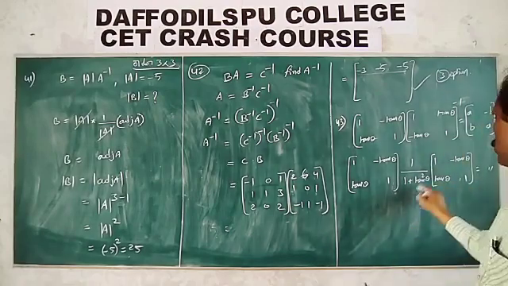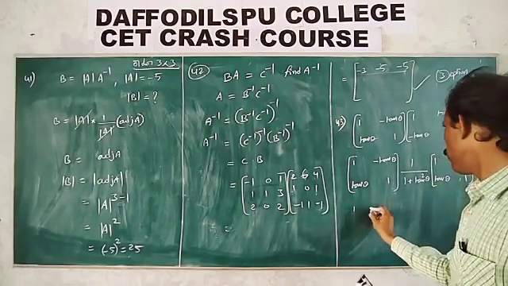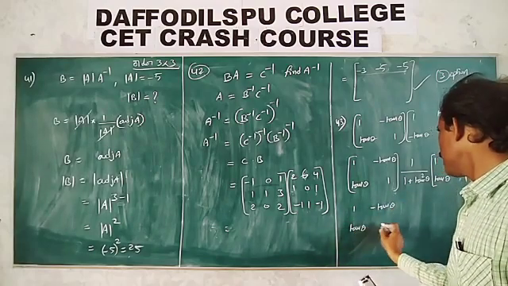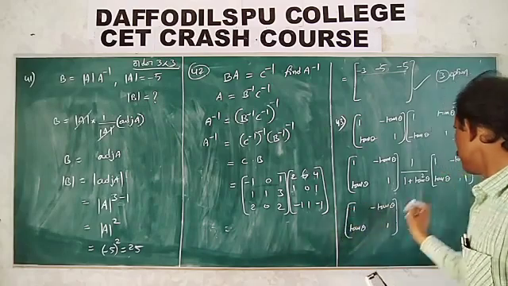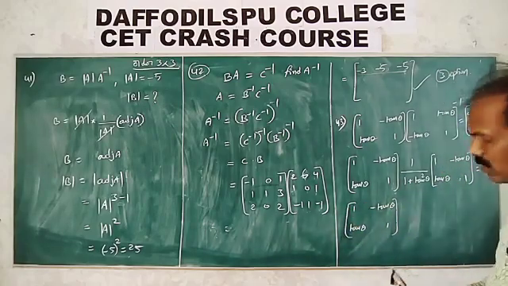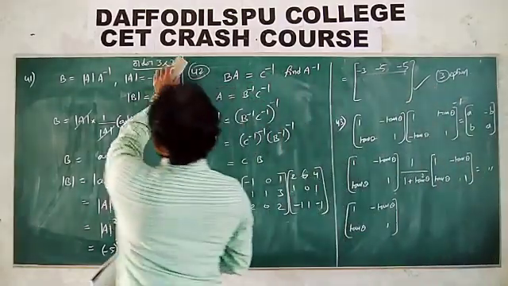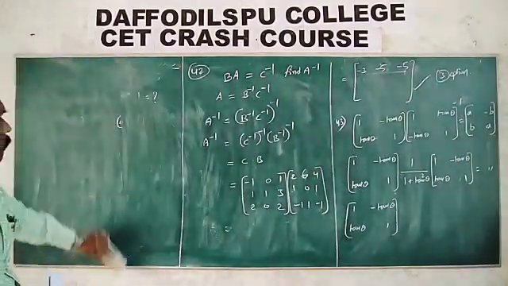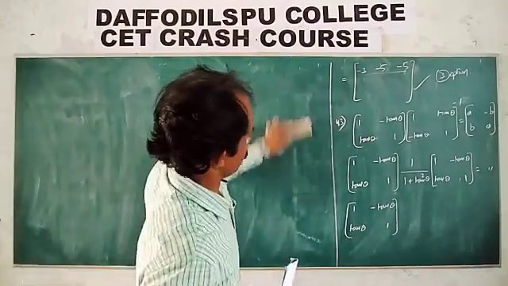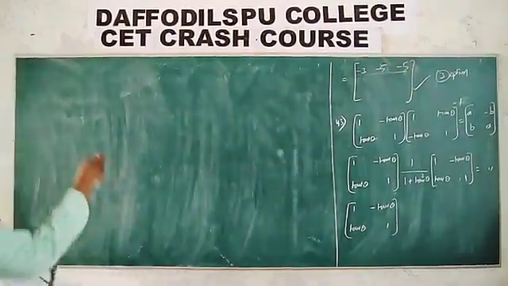Afterwards we equate. So outside we have 1 by 1 plus tan square theta.